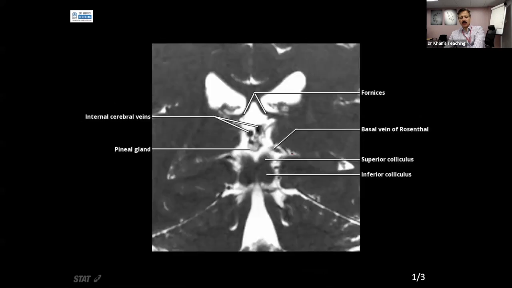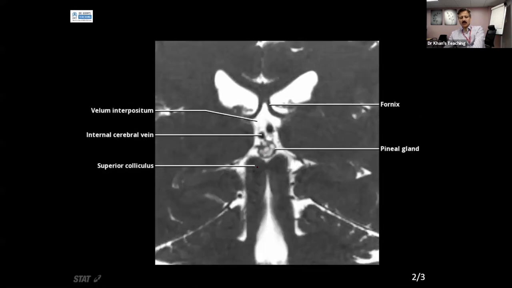Now I am showing you a coronal sequence. So change your brain to a coronal, and you can see that this is the internal cerebral vein, and this is the pineal gland. So this is the superior colliculus, and this is the inferior colliculus. And now the pineal gland is visible, and we are passing through the superior colliculus.